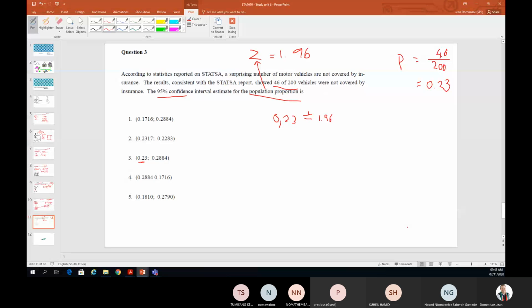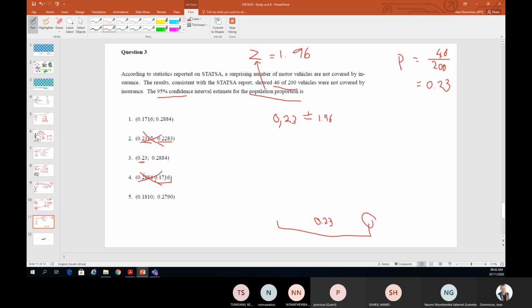So again, let's just go through the options first before we even work it out. 0,23 will be in the middle, so the upper limit must be higher. Here we see the upper limit is lower and the lower limit is higher, so option 2 is not an answer. Upper limit must be higher; that is not higher than 0.23, so that is not an answer.